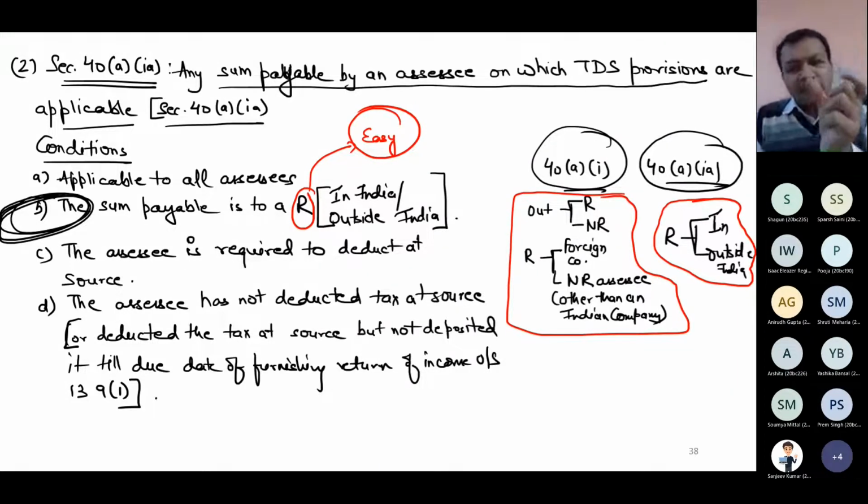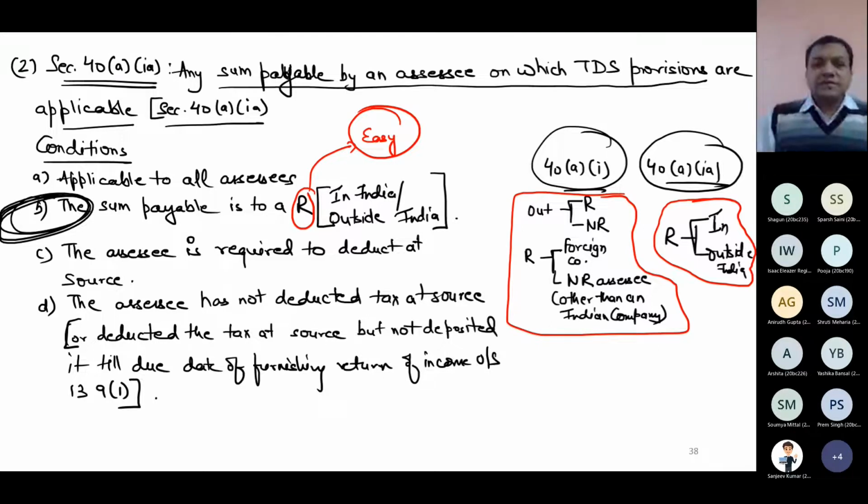In section 40A1, 100% of my payment was disallowed when I committed a default. As a payer, if I paid the money without deducting tax at source, I was penalized: 100% of the payment would not be allowed to be shown on the debit side.